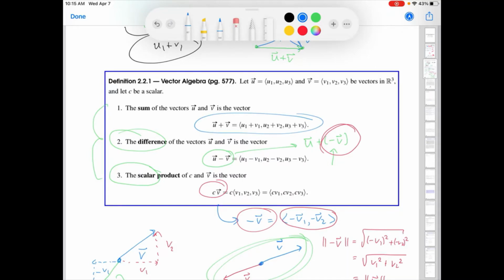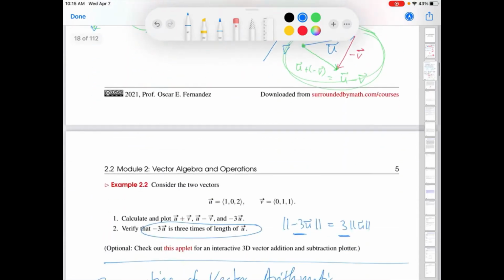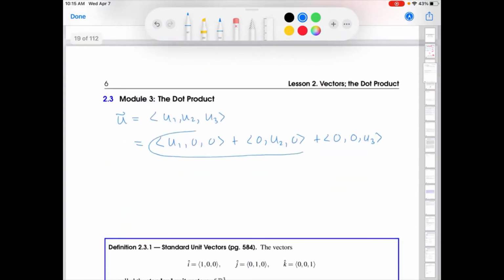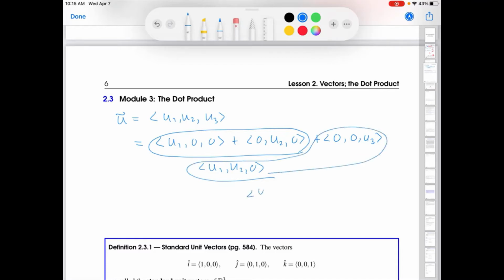I can take these two vectors, and if I add them, I would end up adding their components. And then if I take this vector and that one, if I add them, I would end up adding their components, getting me back to the vector I started with.